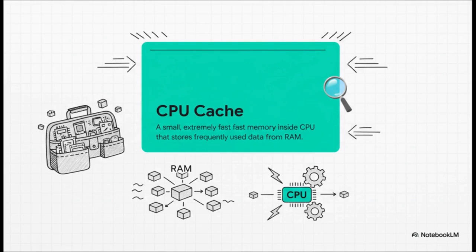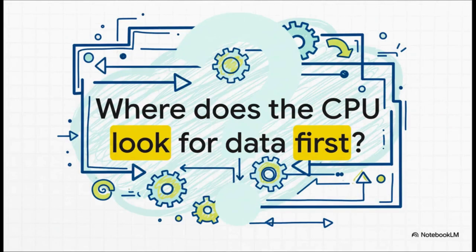It's a tiny but absurdly fast little pocket of memory built right onto the CPU chip itself. And its only job is to hold the data and instructions the CPU uses most often so it can grab them instantly. Now, to make sure it's working as fast as humanly, or I guess siliconly, possible, the CPU doesn't just look for data randomly. It has a very specific, very smart strategy.